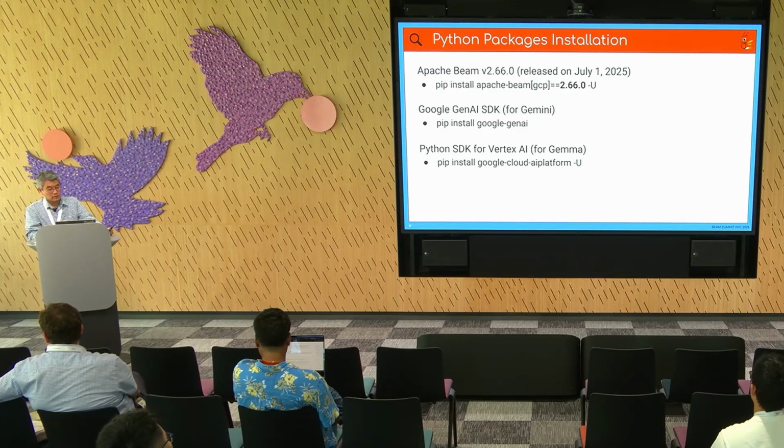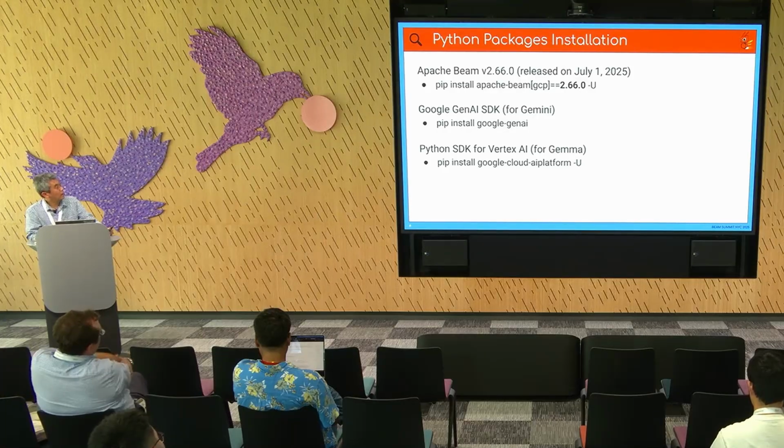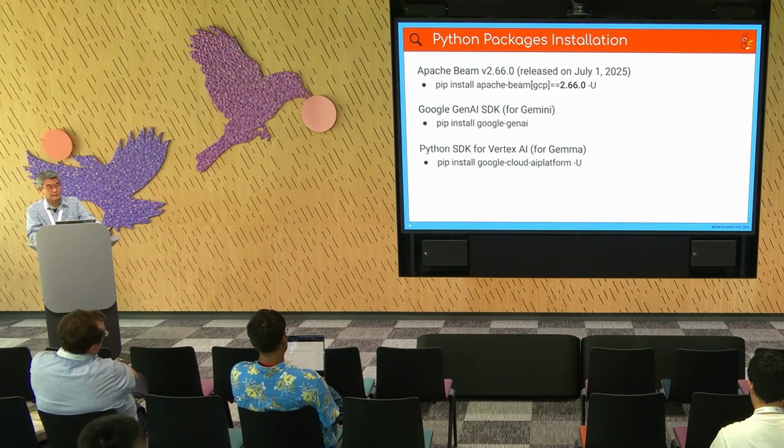Before starting, we need to install the packages, and we definitely need Beam 2.66, which just came out a few days ago. For the Google GenAI SDK, we need version 1.21; 1.22 or higher has some issues.